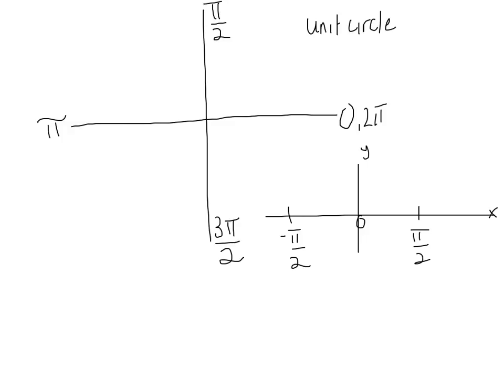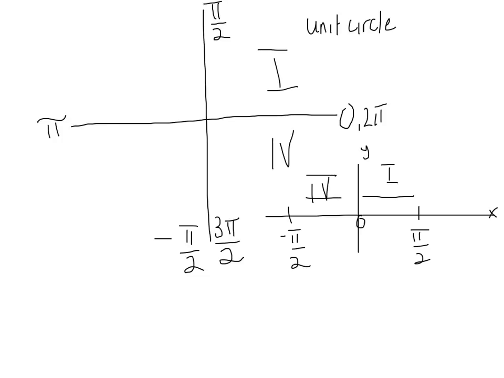Now this corresponds to the unit circle because this is 0 radians, this is pi over 2. What is this here? Well, I have 3 pi over 2 written, but it's also negative pi over 2, is it not? So what this is saying is from 0 to pi over 2 is the first quadrant, and from 0 to negative pi over 2 is the fourth quadrant.